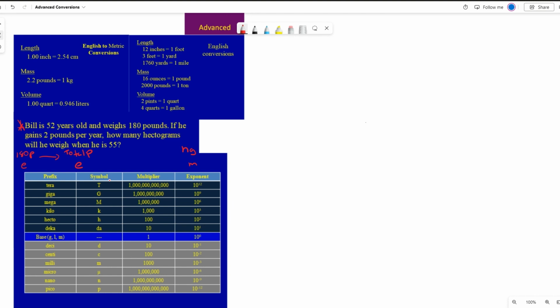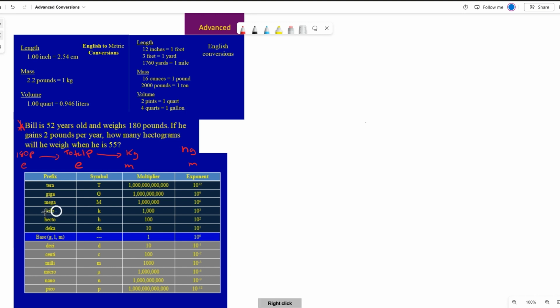Well, pounds is an English unit, and hectograms is a metric unit. They're both mass units, so if we take a look at masses, we can go from pounds to kilograms to convert from one system to the other. The first thing we're going to do is convert his pounds into kilograms, and that'll get us into the metric system.